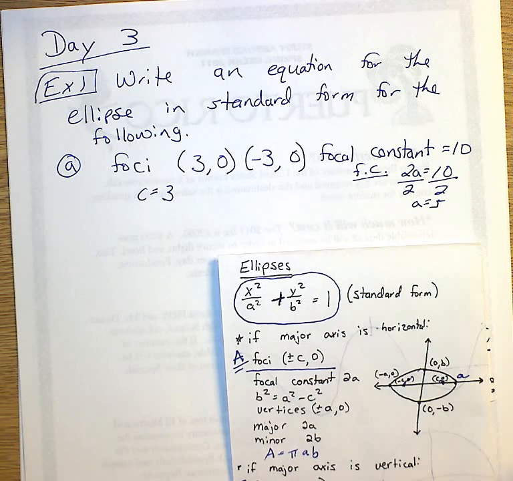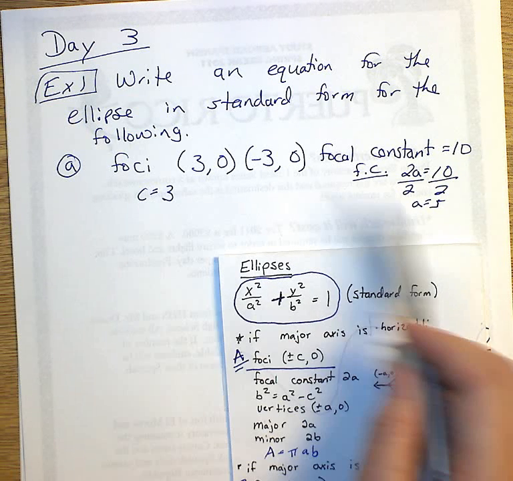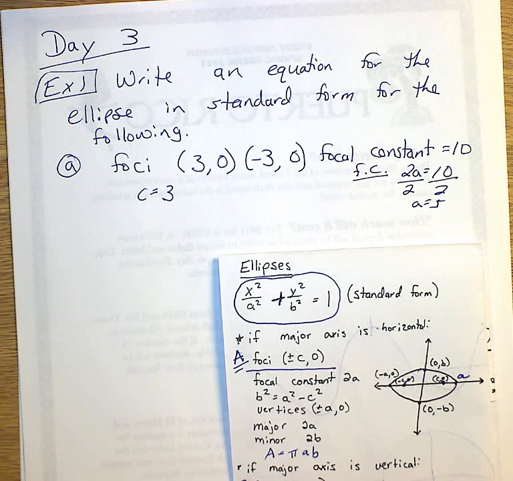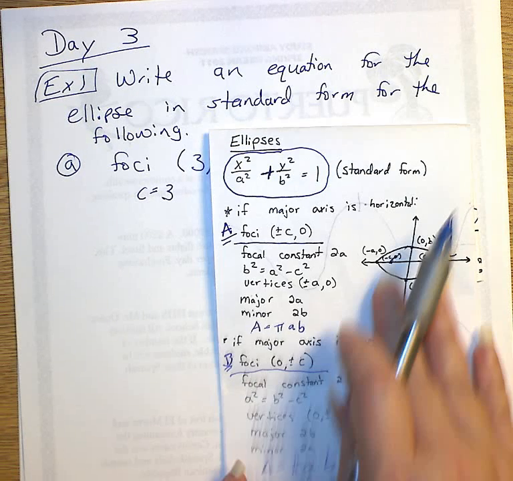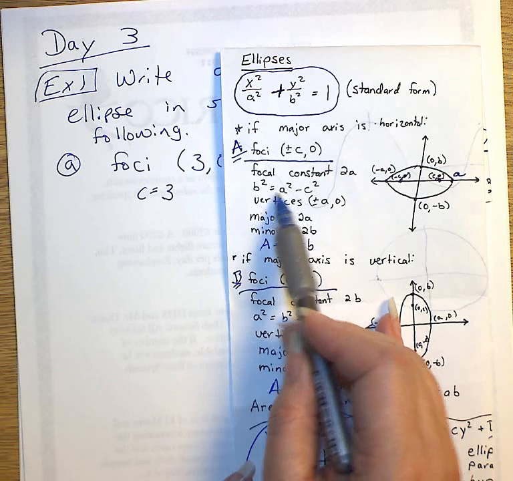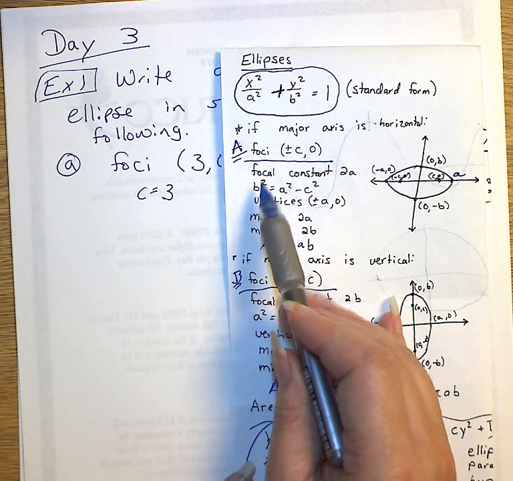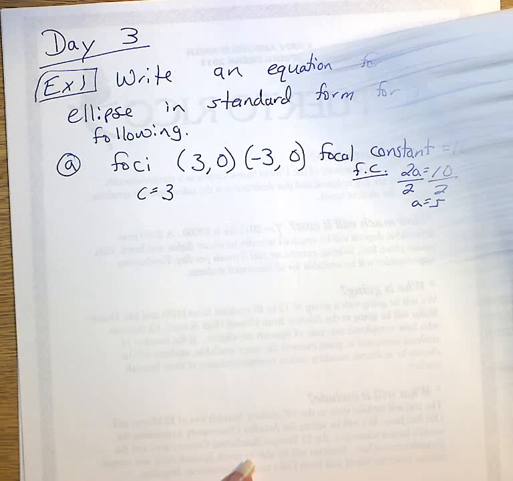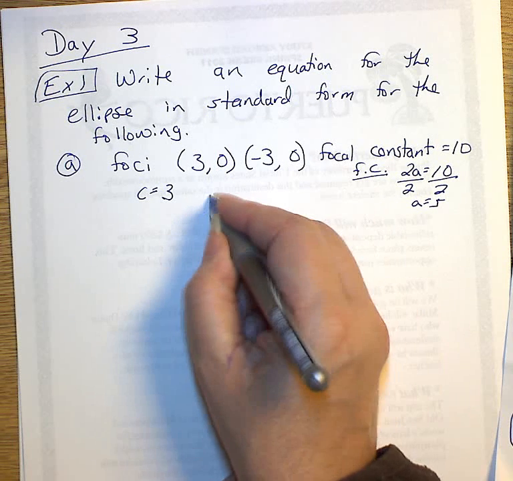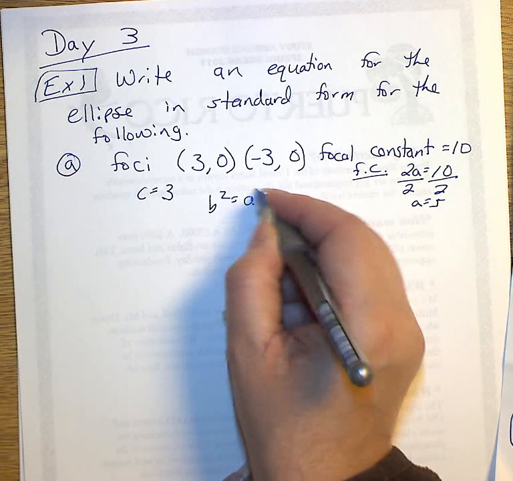So we know what C is, we know what A is, so now we need to find out what B is. We use the equation that compares what we know. B squared is equal to A squared minus C squared. I'll write that so you guys can see it.